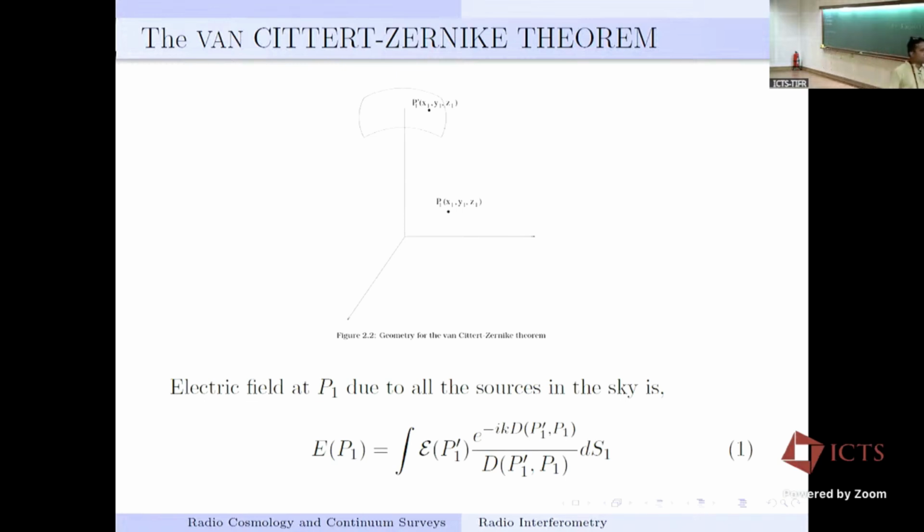Okay. So now this is a very important thing. I'll try to quickly wrap this up. And this is basically what I call the foundation of radio interferometric imaging. If you remove this theorem, the whole radio astronomy will collapse. Not the single dish one, but the interferometric imaging will just vanish. Okay.